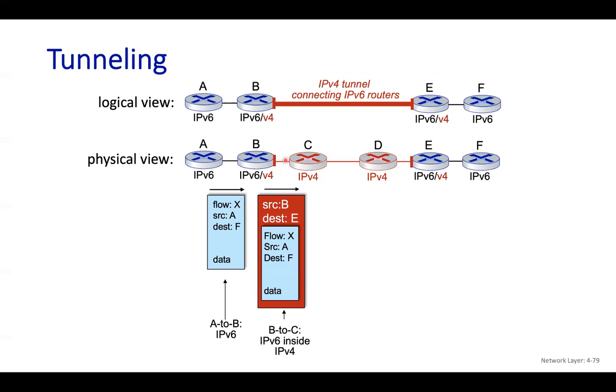So you have to let the IPv4 routers know that, after I get to the destination E, that's my final destination for IPv4, right? That's understandable, because the IPv4 only goes from here to here. So the destination would be E, the starting point would be B.